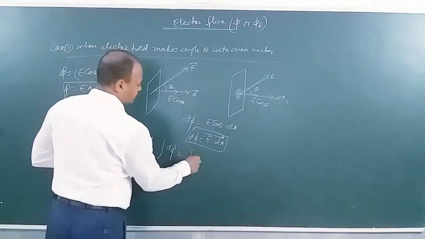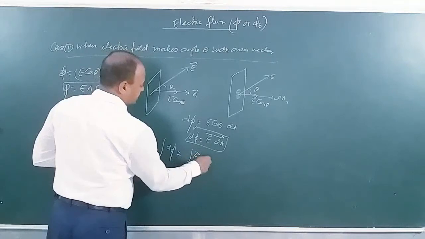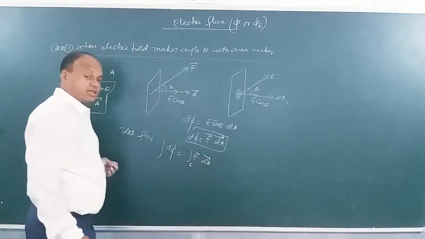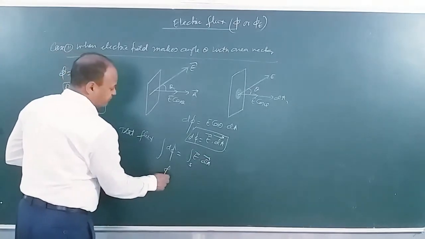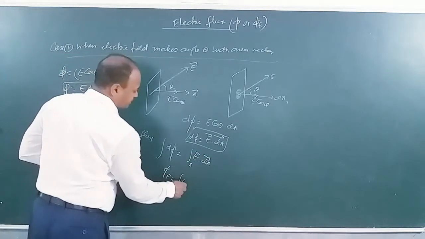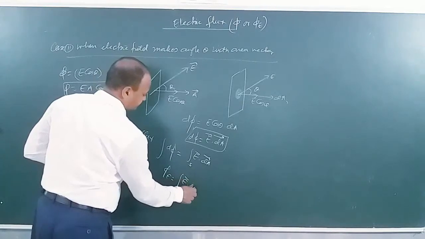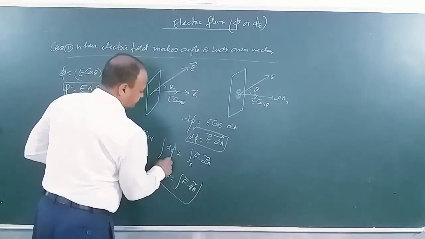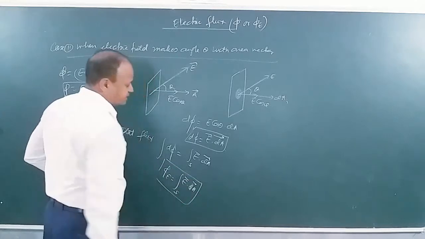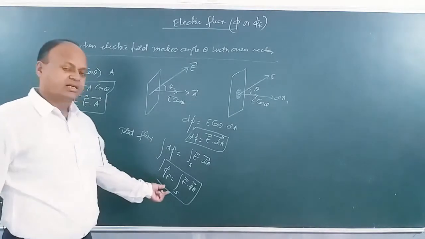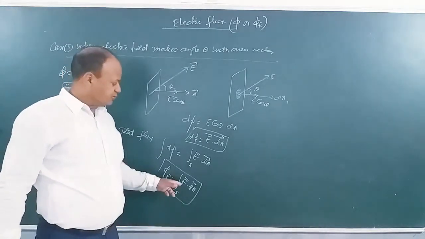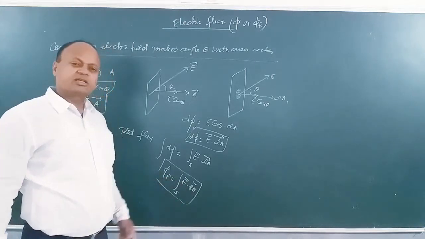So phi E will be the integration of E dot dA, and I have to do it for the entire surface. I am integrating over the entire surface area, so it becomes a surface integral.